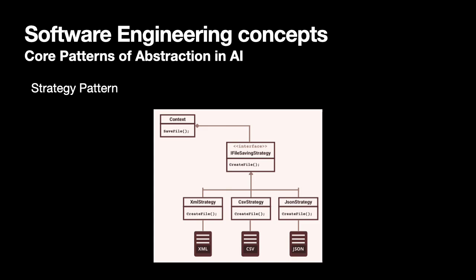Strategy pattern. High-level AI tools use polymorphic wrappers over model APIs. For example, calling model predict abstracts away whether the request routes to a local Hugging Face model via PyTorch or to a remote API endpoint over HTTP.